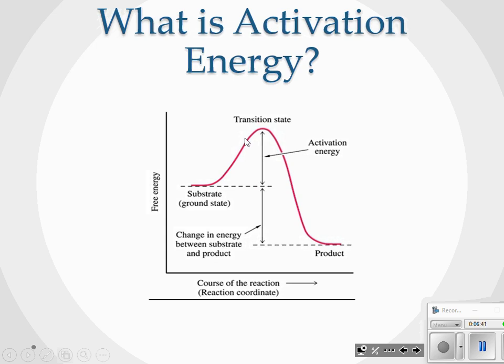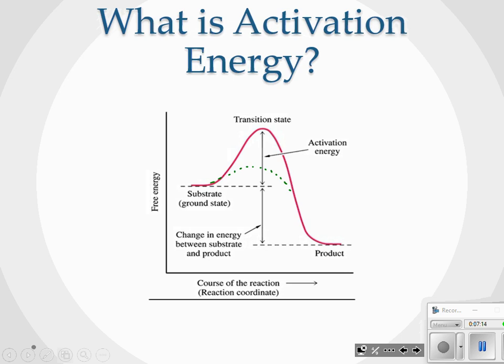Now, this activation energy is the amount of energy needed for that reaction to occur. Obviously, if this is a hill, and I draw a little dotted hill, that little green dotted hill, do you think that reaction would be quicker than that red line?